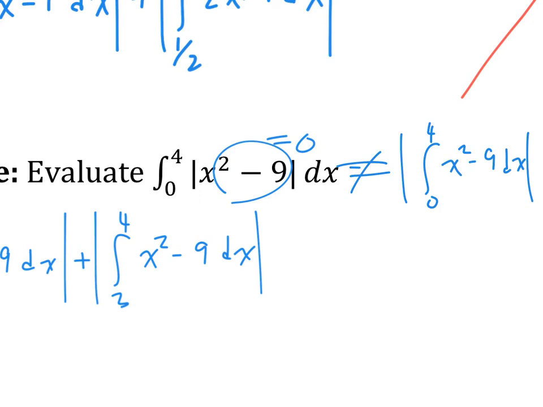Is it 35? No, it is not a whole number. Oh, I'm so stupid. What's 9 times 4? 36. So it's 36? No, it's a fraction.